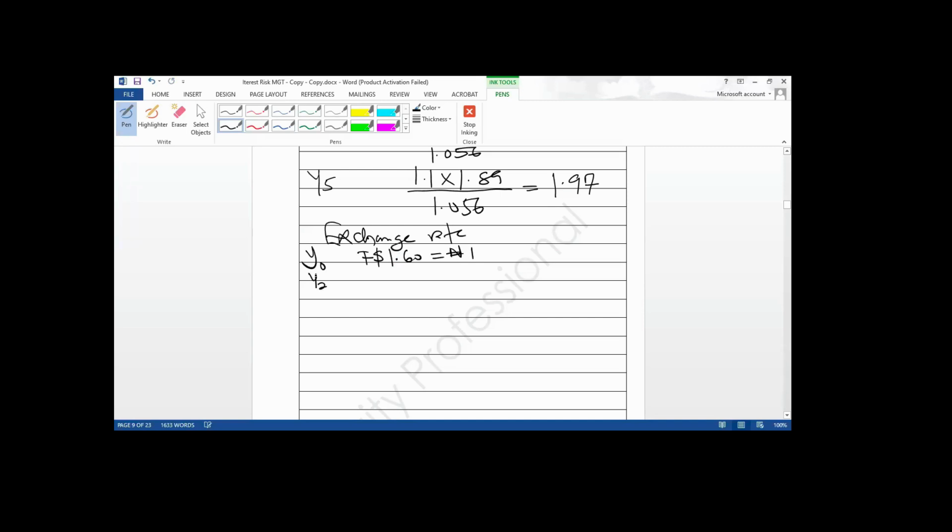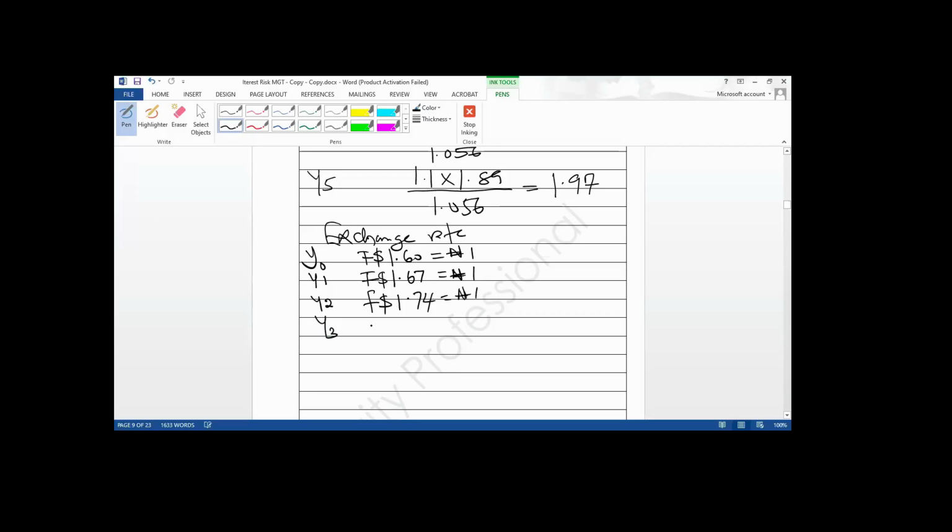Year 1, F dollar 1.67 is equal to 1 naira. Year 2, F dollar 1.74 is equal to 1 naira.